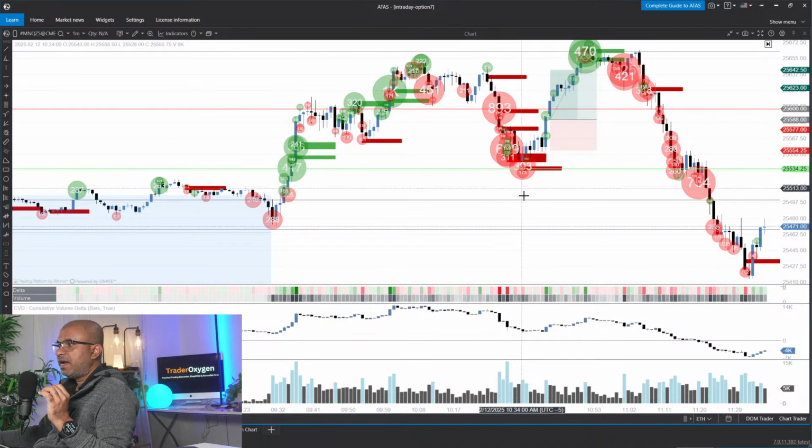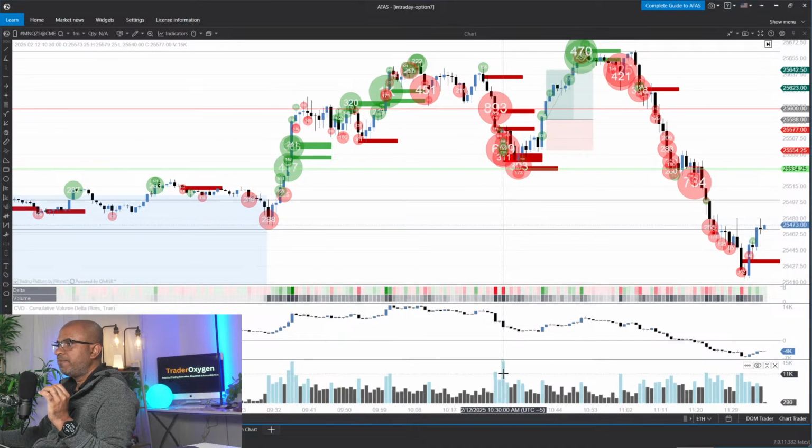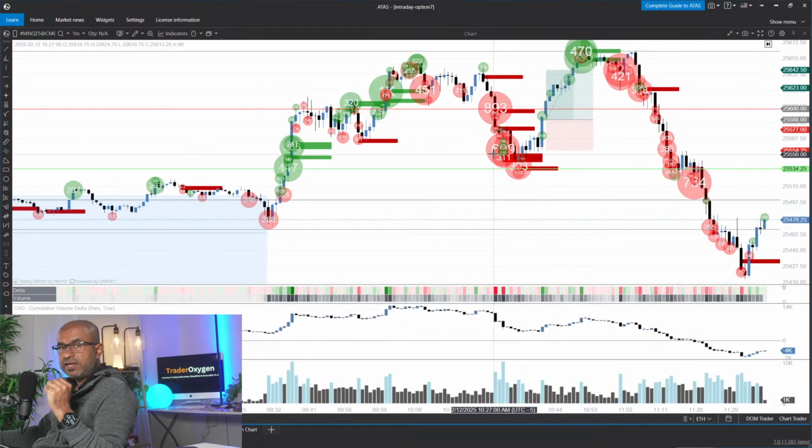Because of that, and also negative delta, bearish cumulative volume delta and strong volume, this retracement is very strong. So when a retracement is very strong, it could go further down without being a retracement.